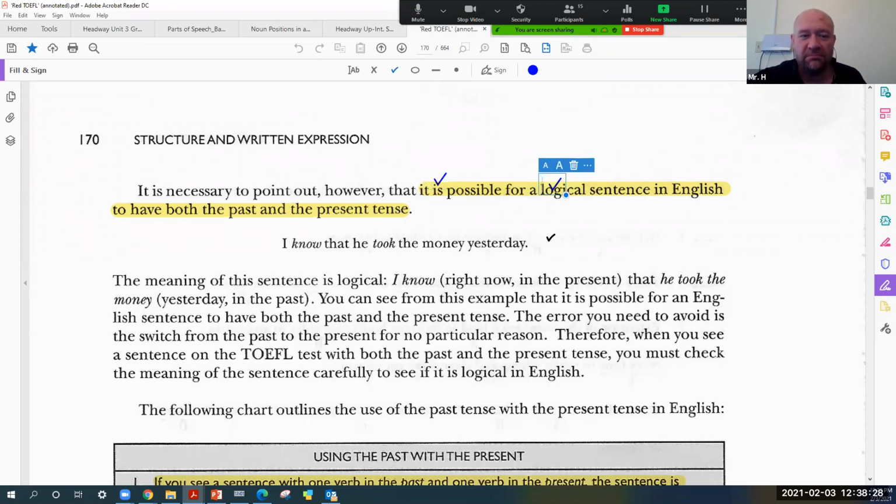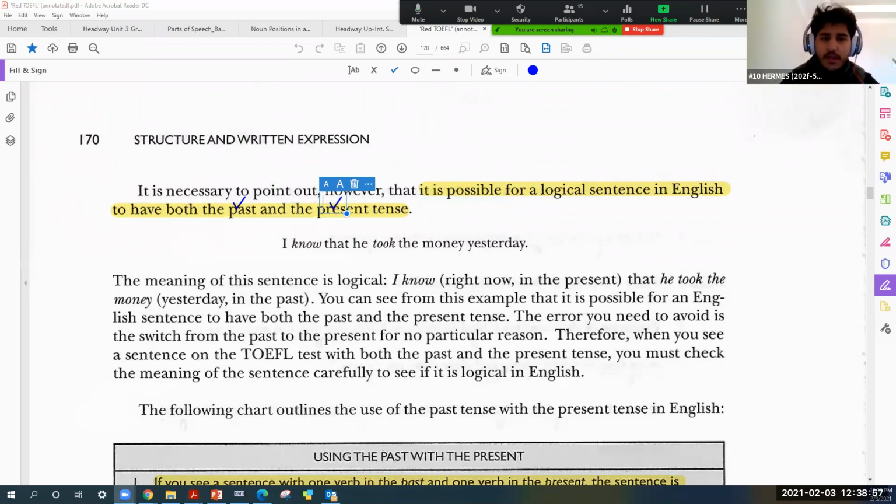It's possible for a logical sentence in English to have both. You can put the past and the present. It is possible. But you have to think about the meaning. Do you understand? So Hermes, can you read?